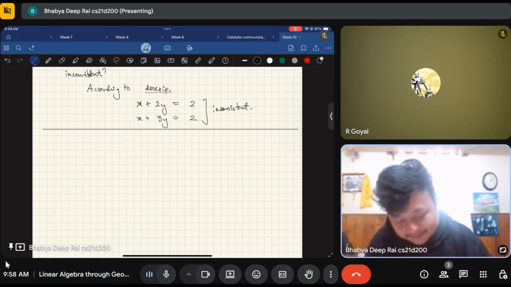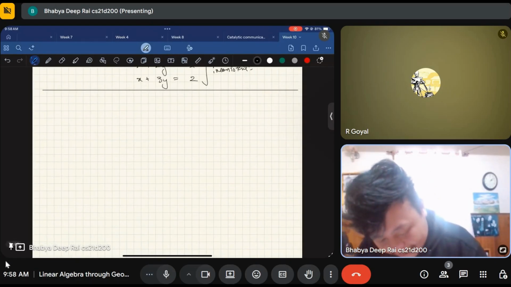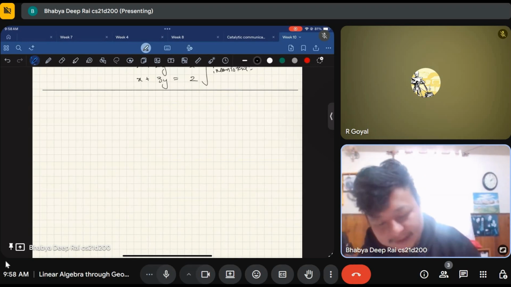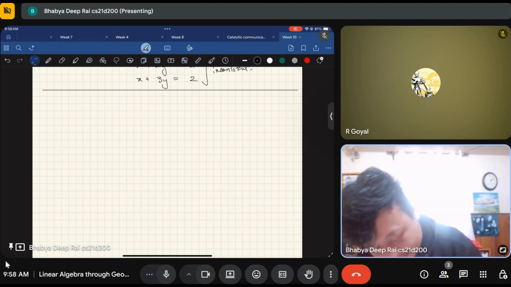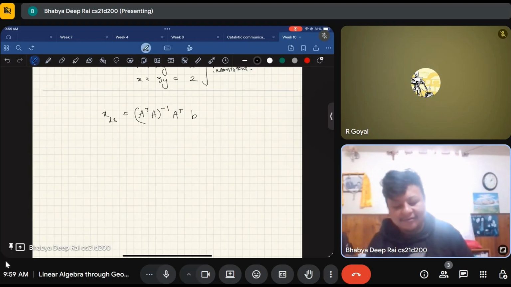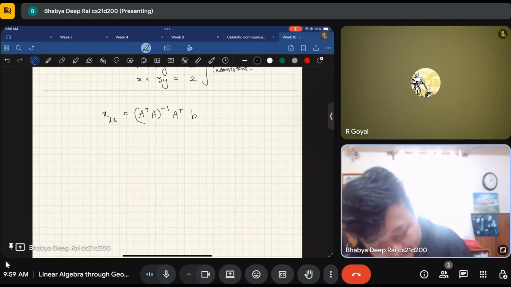But the least square solution can be found by solving the following: (A transpose A) whole inverse A transpose b is equal to XLS, or X star. That's the notation we're using. I think this is correct, I always get it wrong.